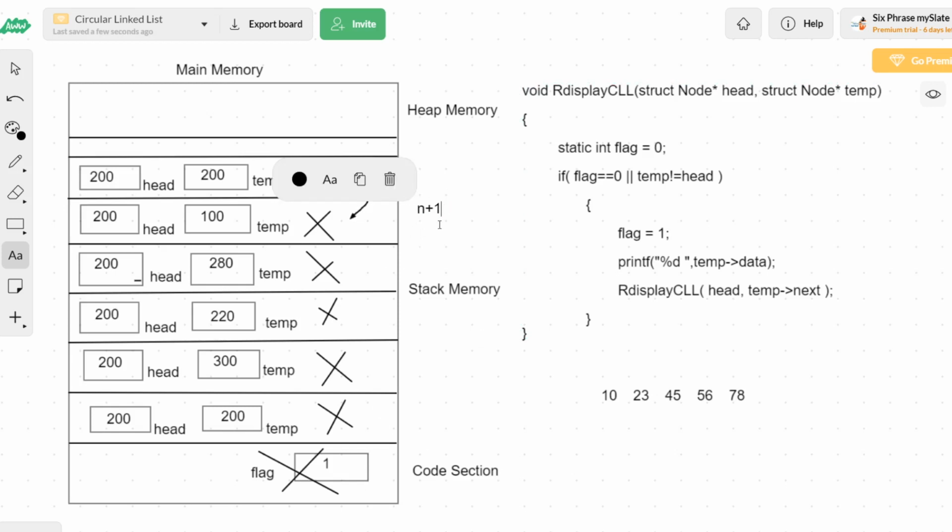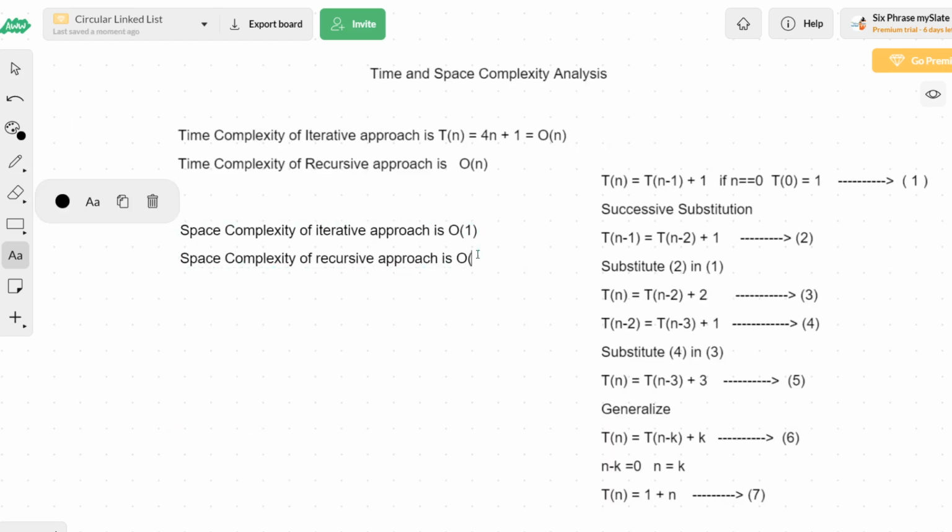In every activation record you are going to take two blocks. So it is equal to 2n plus 2, where 2 is multiplied with n plus 1. Also you can take this one static block into account, which makes it 2n plus 3. So the final space equation is 2n plus 3, which is clearly linear space.